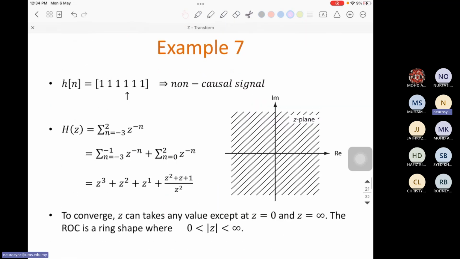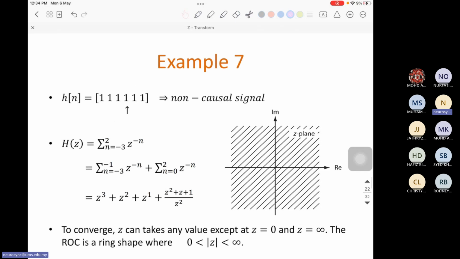Now, can you find out the Z transform for this example? Now, the given sequence is what? The arrow is here, meaning n equal to 0. This is 1, 2. This is -1, -2, -3.